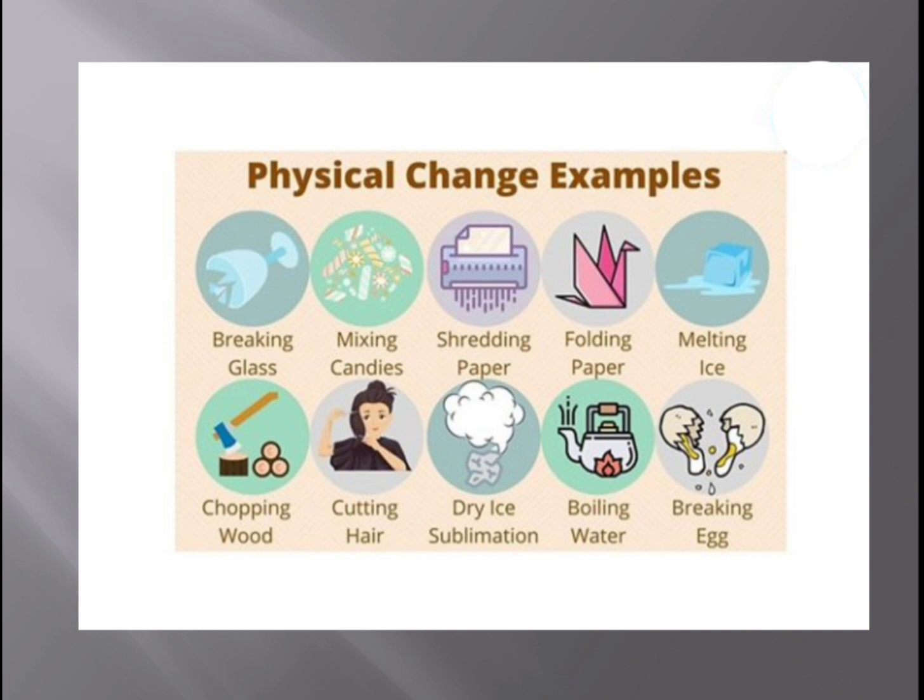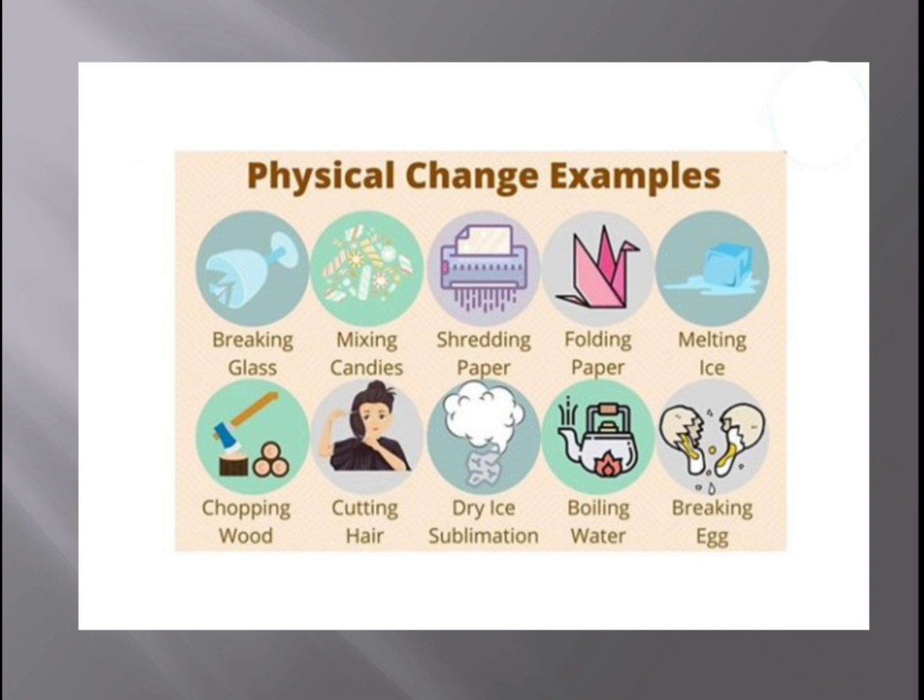Chopping the wood, cutting the wood, that also you are getting the wood only, no new object is formed, only thing is we are shaping it, isn't it? The shape has been changed but no new object is formed, so that is your physical change. In this way you can tell any number of examples.